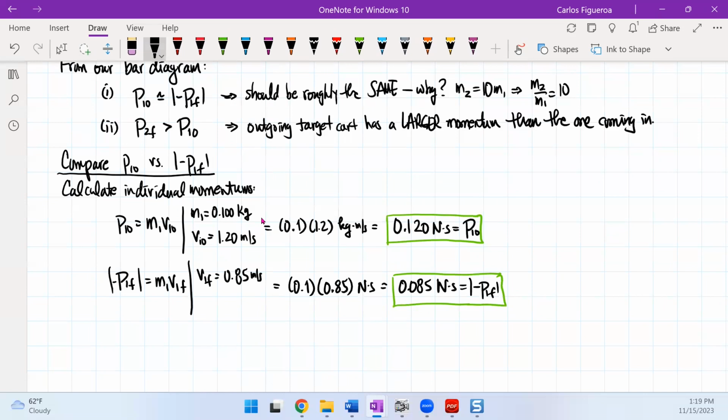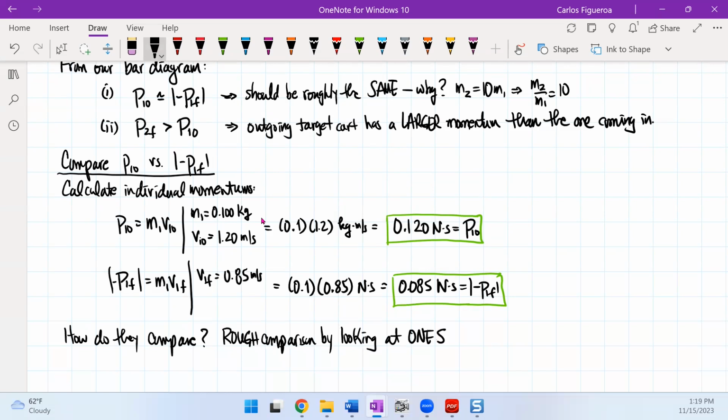So then the question, how do they compare? Well, let's make a rough estimate. So we want to make a rough comparison by looking at one sig fig.